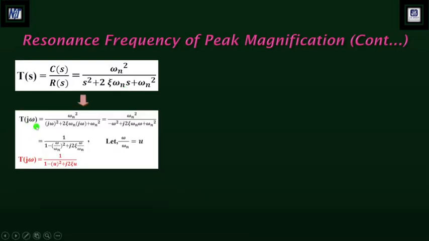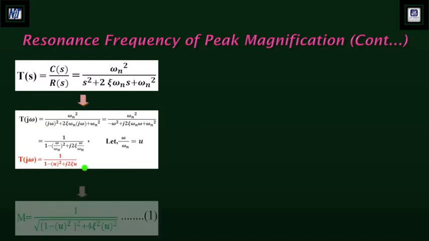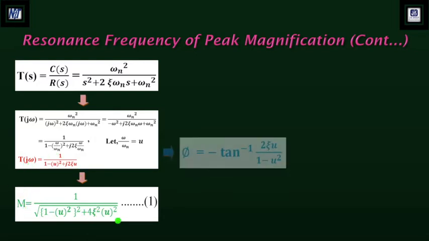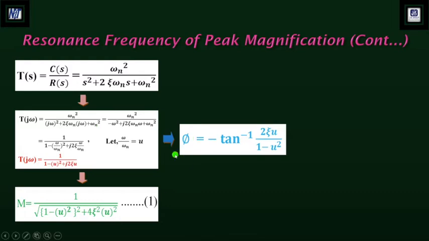Putting s equal to j omega, this is the real part and this is the imaginary part. Let omega by omega n be u. So this is the T(j omega) equation. Then this is the magnitude from this equation, and this is the phase angle from this equation.